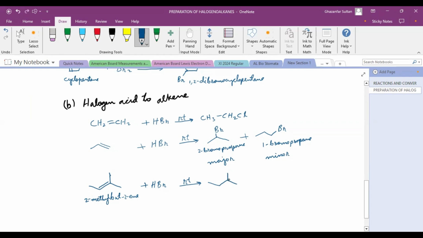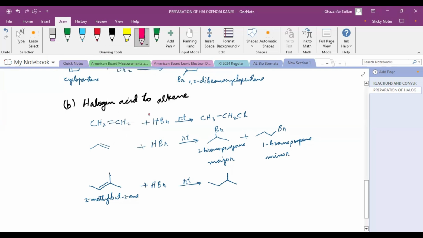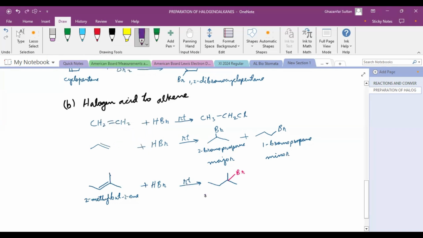In one, bromine is substituted on the same carbon atom. So the name of the product is 2-bromo-2-methyl butane.